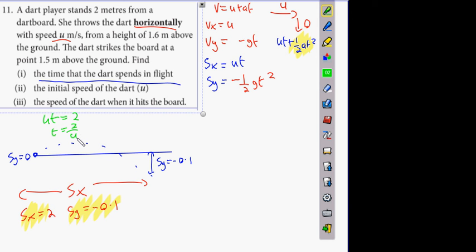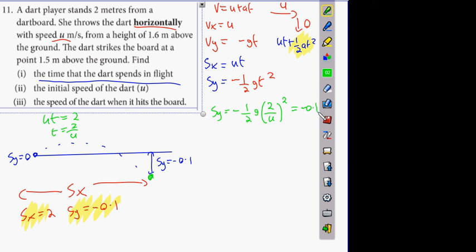Then this 2 over u, because that's the time it takes to hit the board and drop 0.1, we can now insert into the sy equation. So sy now becomes a half g times 2 over u, squared, and that has to equal minus 0.1.